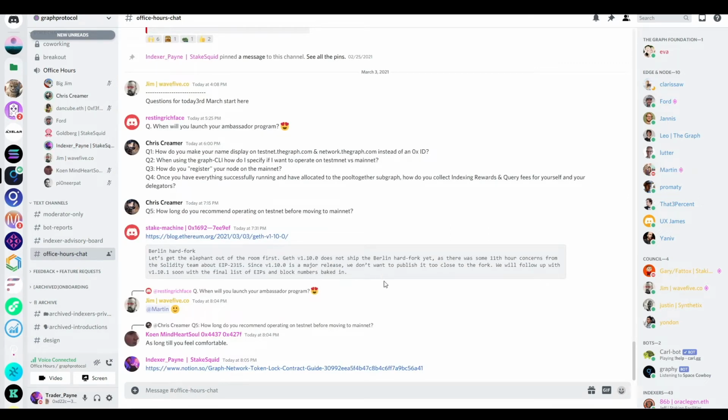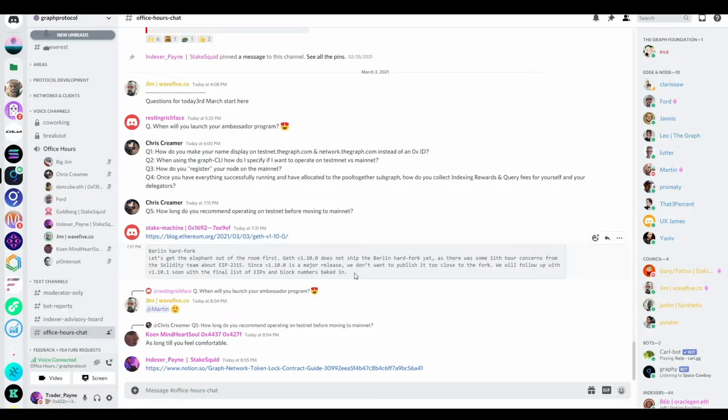Just to add to your point, Chris, it's important to make sure people know who you are on the testnet, because that probably will be important down the line, especially if you're running an indexer on mainnet. That's a pretty clear demonstration of commitment to the network, contributing to the new releases as well as running on mainnet.